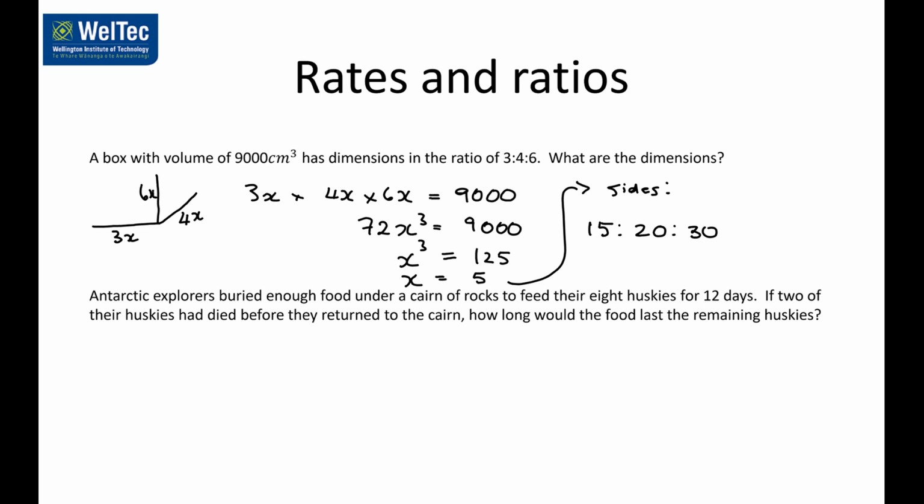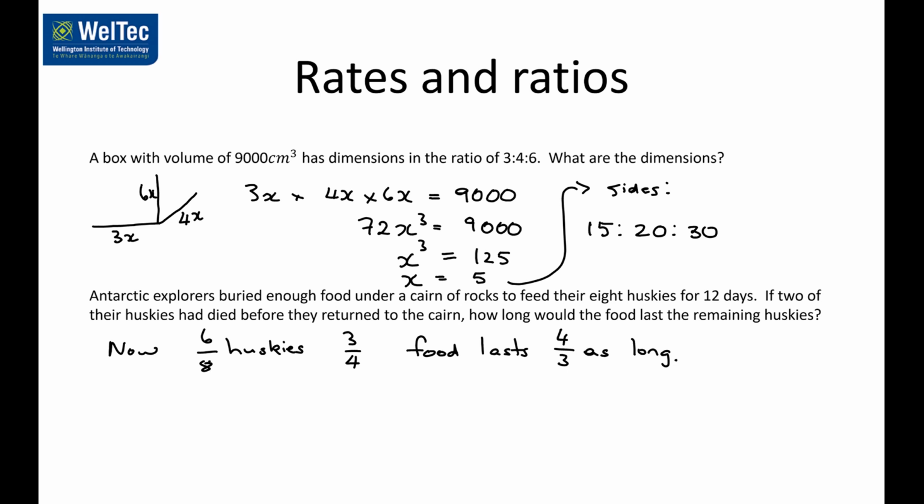The second question, 2 of the huskies had died. There were 8, now there are only 6. So now we've only got 6 out of 8 huskies, or 3 out of 4 huskies. So we only now need to feed 3/4 of the dogs. So the food will last longer. The food will now last 4/3 as long.